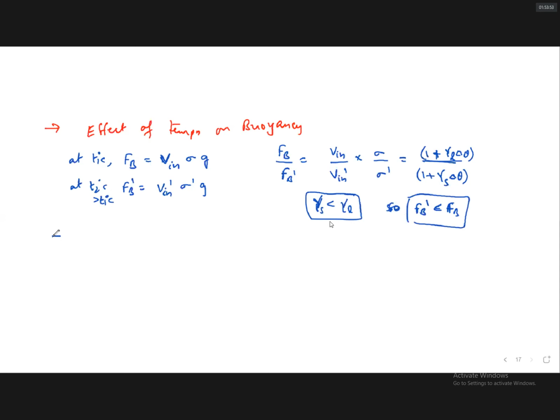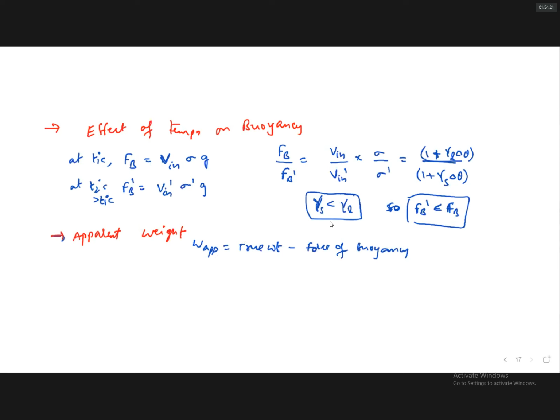Then apparent weight. The apparent weight of a body can be measured as apparent weight is equal to true weight minus buoyancy, the force of buoyancy.